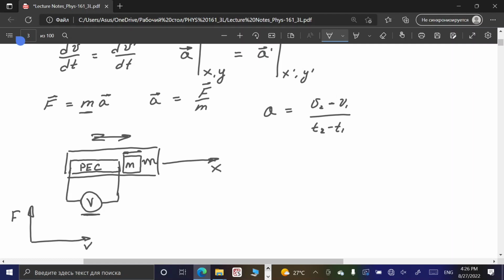If you have three devices like this, aligned at right angles to each other, you can measure acceleration with high accuracy in all three dimensions. So quite a useful device.